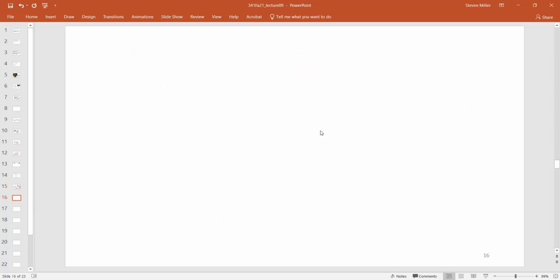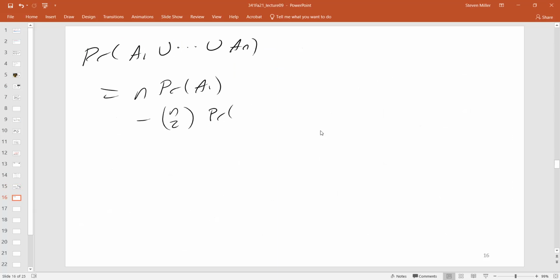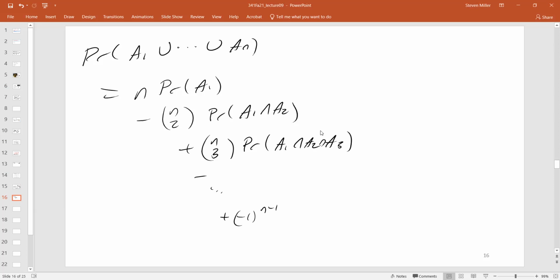So when we assume that, we then get the probability of A1 union AN is equal to n times the probability of, say, A1 minus n choose 2, the probability of A1 intersect A2, because they're all the same, plus n choose 3, probability of A1 intersect A2 intersect A3, minus dot dot dot plus negative 1 to the n minus 1, n choose n, probability of A1 intersect all the way up to AN.